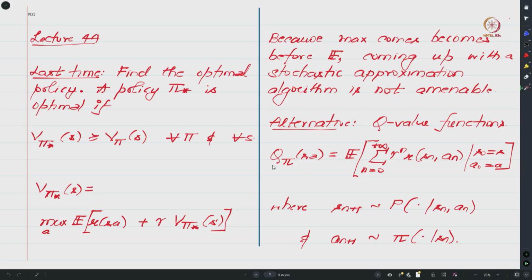And in this expectation we presume that Sn plus 1 is randomly chosen from this transition kernel and An plus 1 is chosen according to policy pi, but this is true only for n greater than or equal to 0, which means that this is true only from A1, A2 and so on. The A0 action is forcefully chosen to be A, which is the input that is given over here.